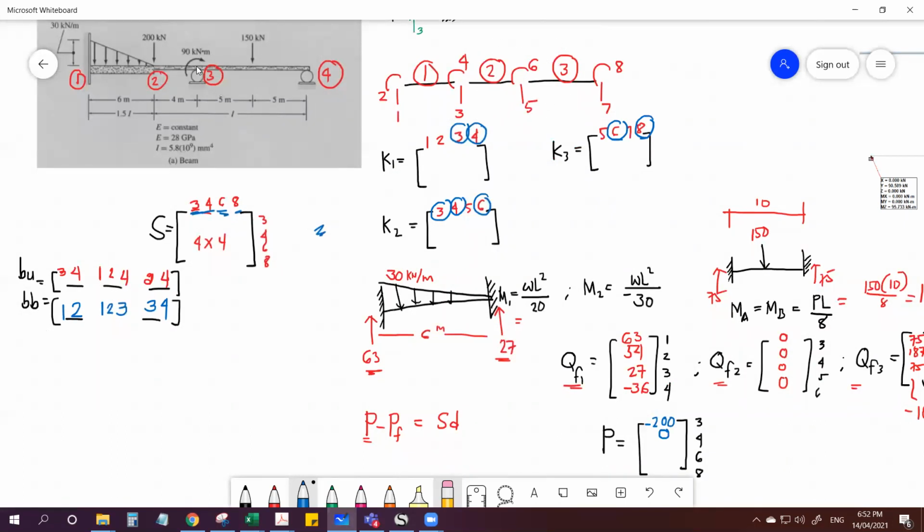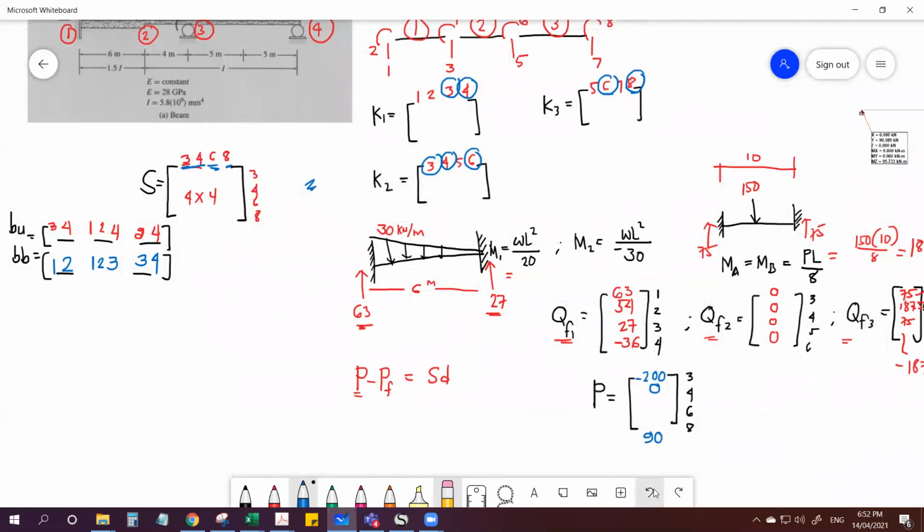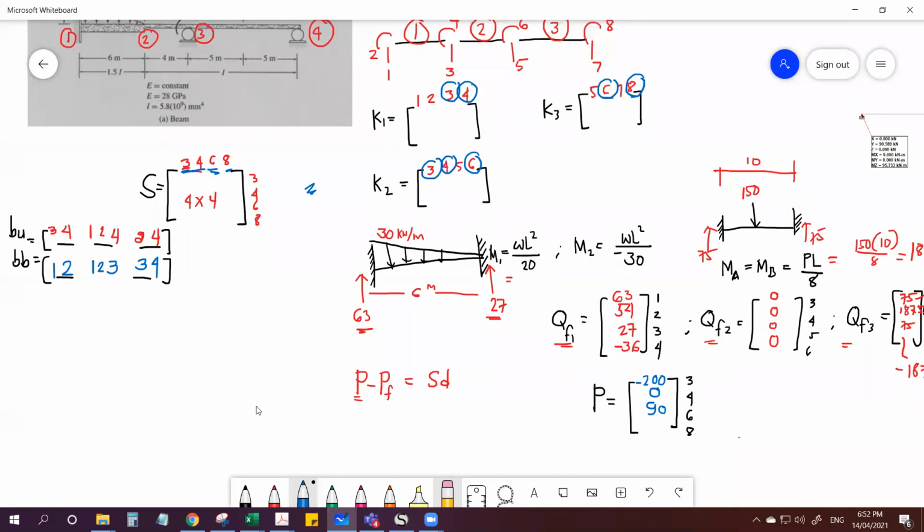Yes, that's the 90 kilonewton meter. And finally, do we have a load applied at degrees of freedom 8? None, so this will be 0.